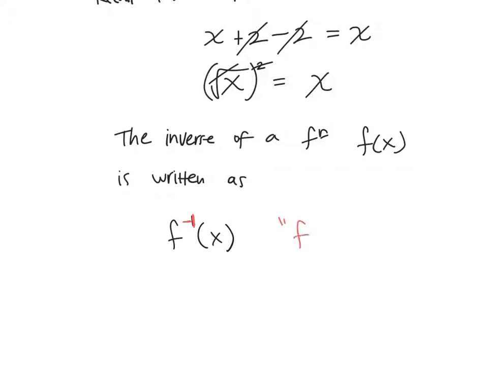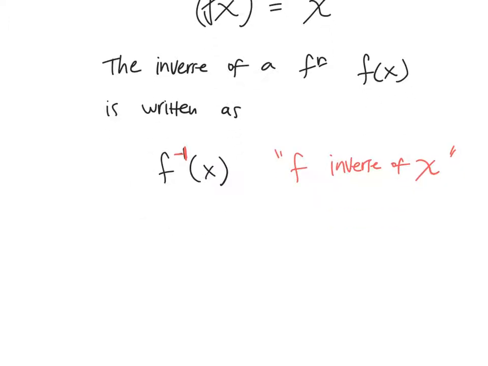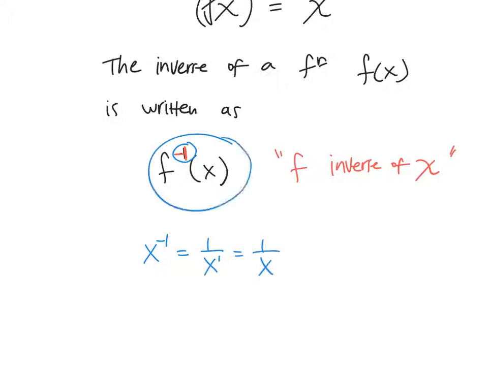And the way it's read is f inverse of x. Be careful here, that is not an exponent. Normally if you have x to the -1, you flip it, so it's 1 over x to the positive 1, giving you 1 over x. Here, that -1 is not an exponent. It's not a power. It's strictly notation telling you that this is the inverse function.